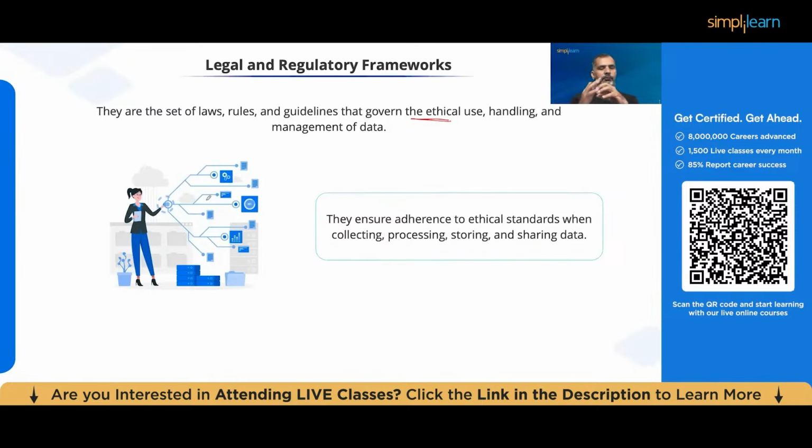So finally, we now have a framework through which we can define the key principles of data ethics, and we also have a regulatory framework that is going to govern how all these key principles need to be implemented in data organizations.